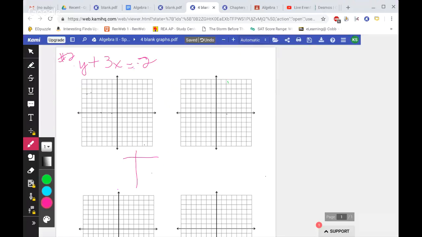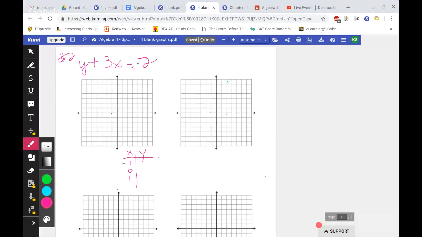Technically, I don't know how many points they use each time, but I really feel like 3 is enough, personally. So I would do a -1, a 0, and a 1. You could do -2, -1, 0, 1, and 2 if you wanted to, but really I'm fairly happy with 3 points on a line.